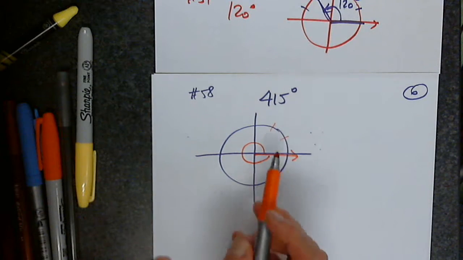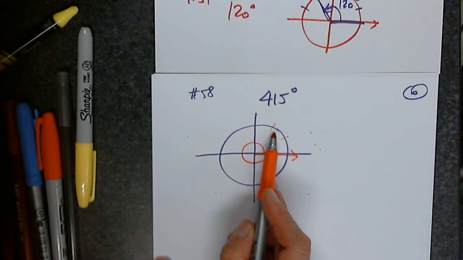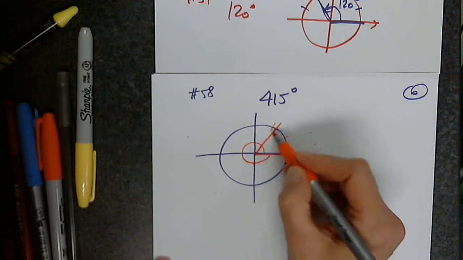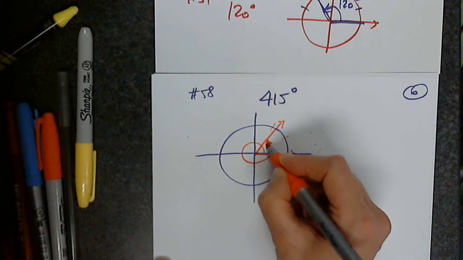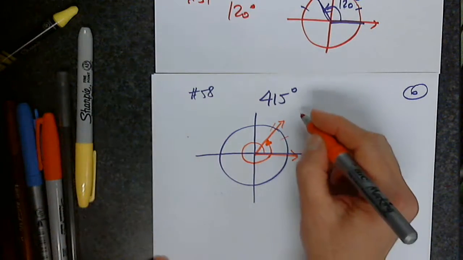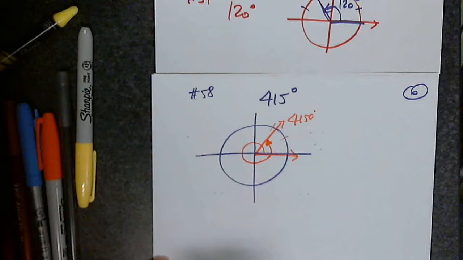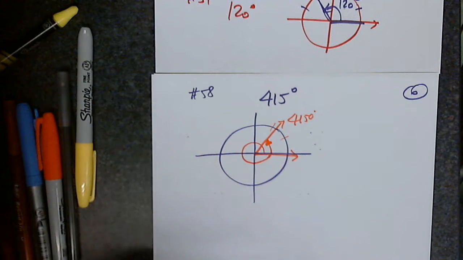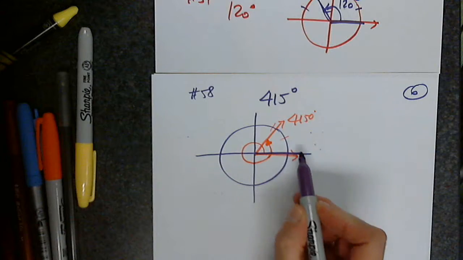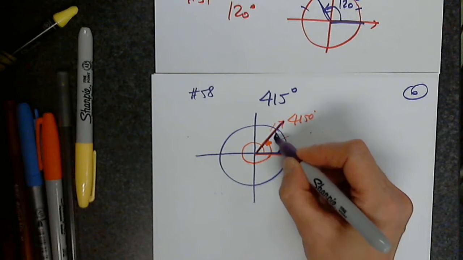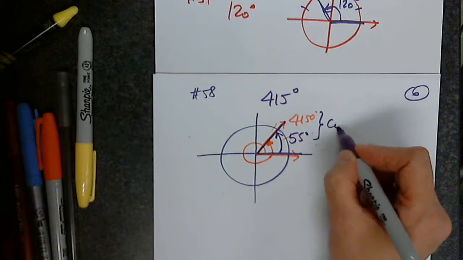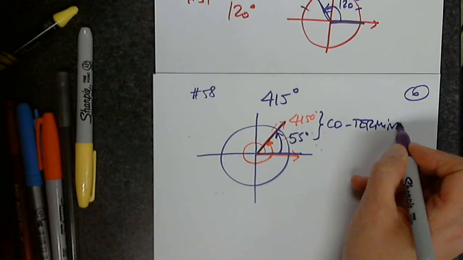I know that this will be 60, so I have to stop a little bit short of that. So this whole angle from here is 415 degrees. They want a positive angle that is coterminal with this angle and less than 360 degrees. What will you say? 55 degrees. It starts here, it ends here, and this is the coterminal angle. So these are coterminal angles.